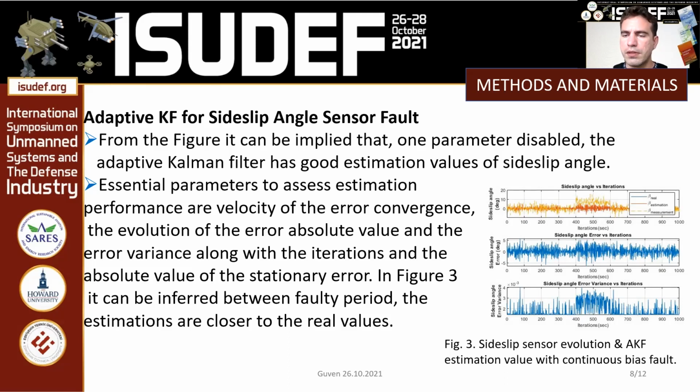Here you can see the error is reduced on the middle graph, and the last graph illustrates the error variance during the iterations. Our error variance takes bigger values during the fault stage, which is not natural.